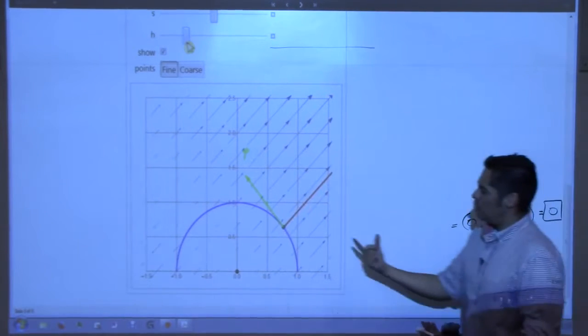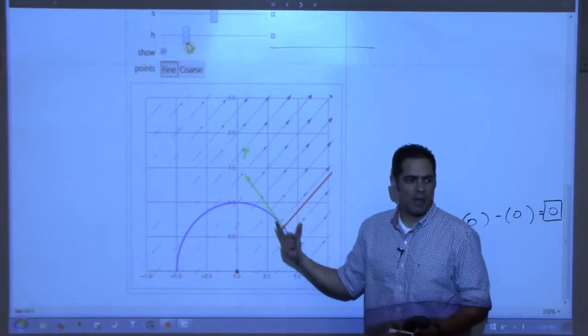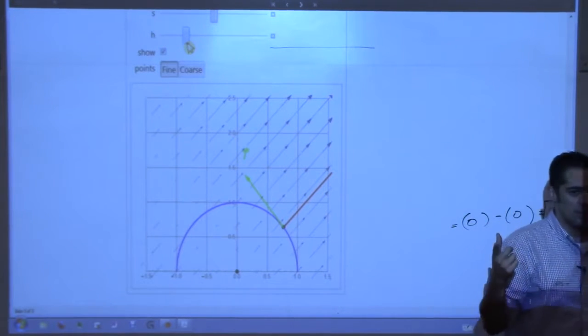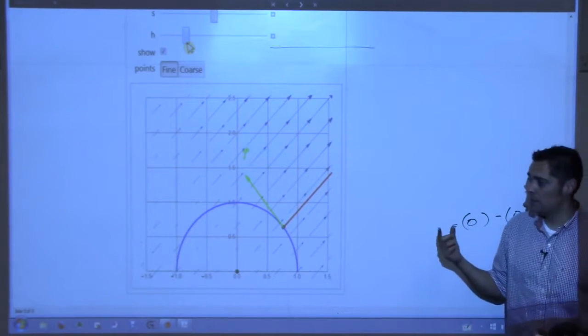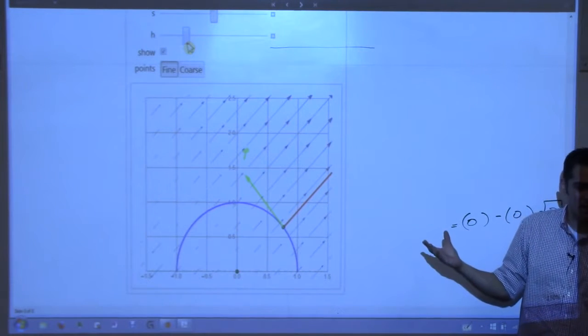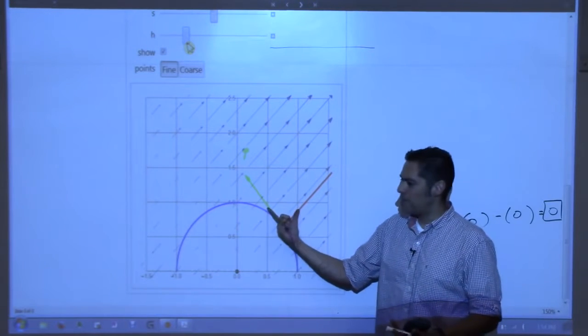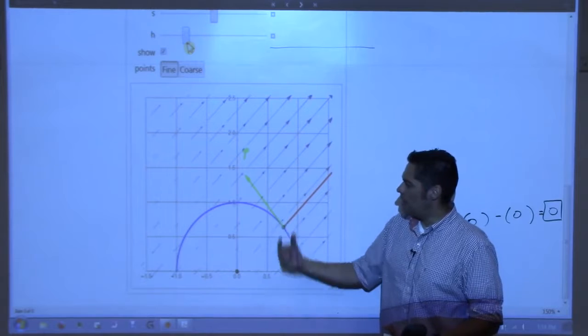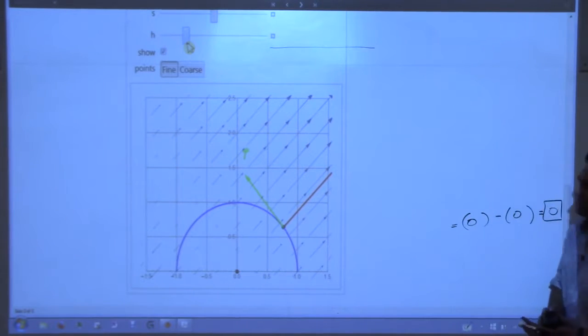It's a dot product between these two vectors, right? Dot products are always positive if the angle between your two vectors is less than pi over 2 or less than 90 degrees. So you can tell from this that I've got less than 90 degrees. So I'm getting positive work here, right?